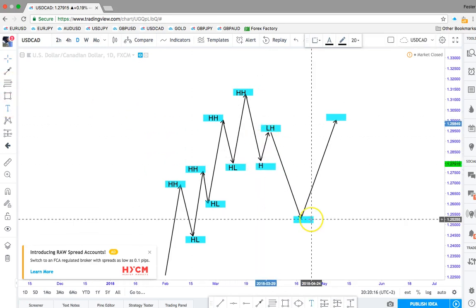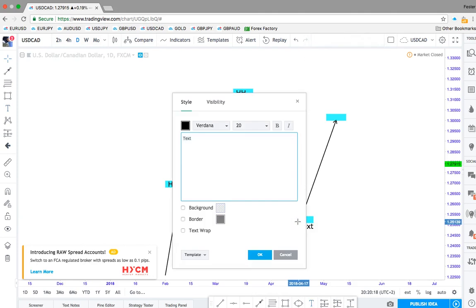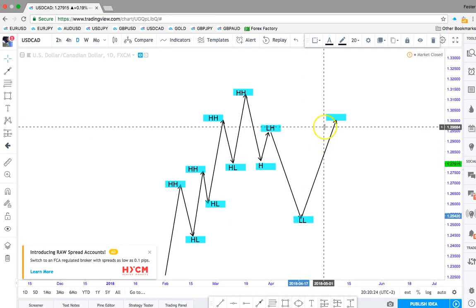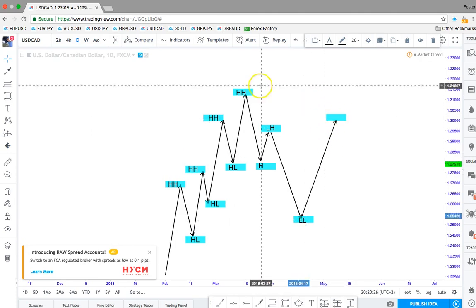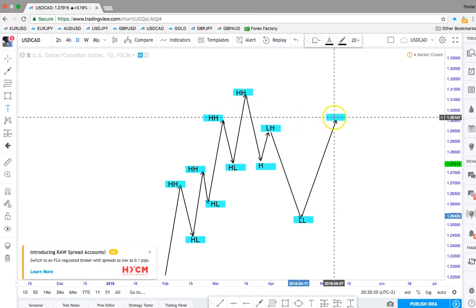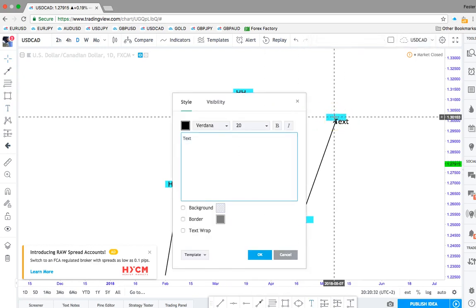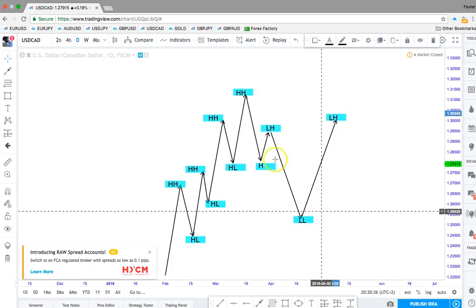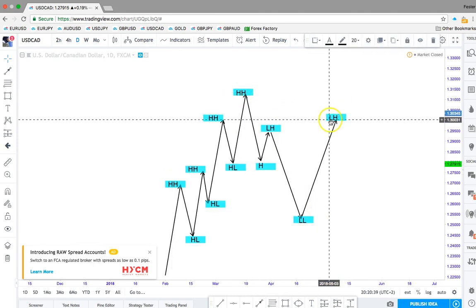This would then be a lower low. This over here, that's a high high. This is still a low high.